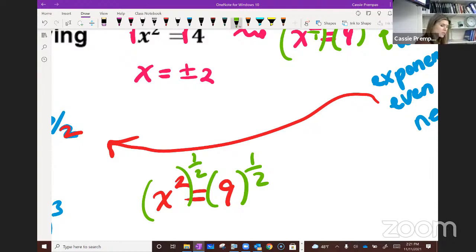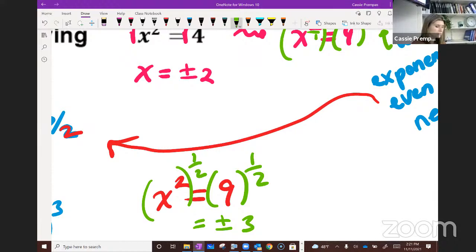What do you have to keep in mind when taking the square root? Yeah, that's fine. Plus or minus. So what do you have to keep in mind when having an even denominator? Plus or minus. Because the square root of 9 is the same as 9 to the 1/2.